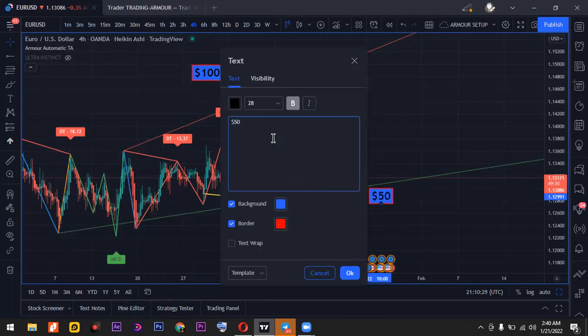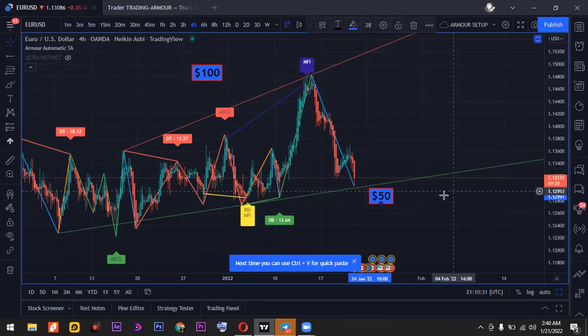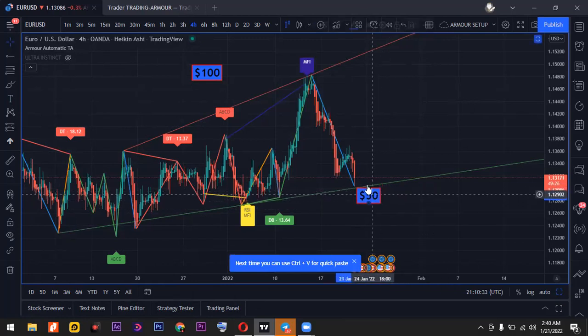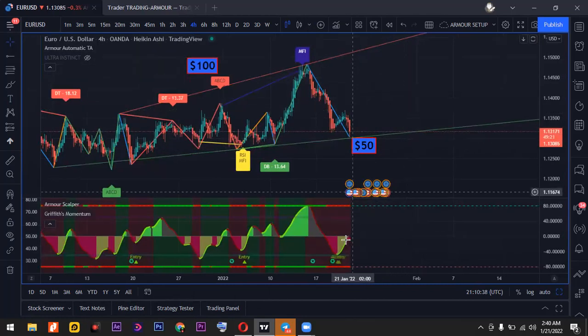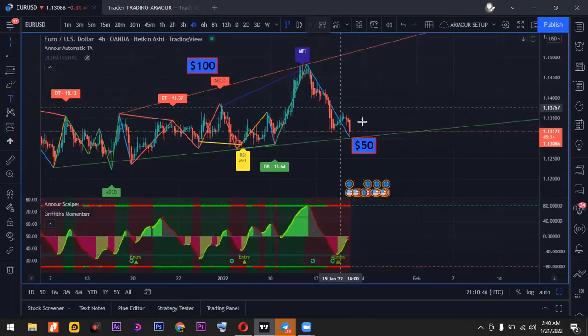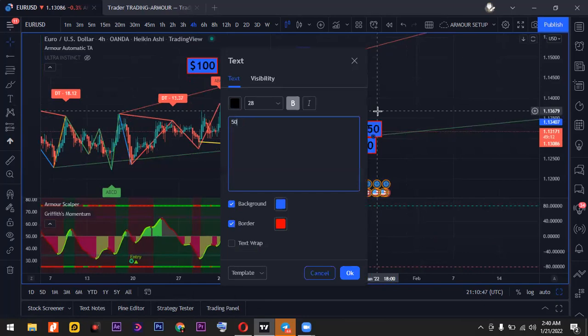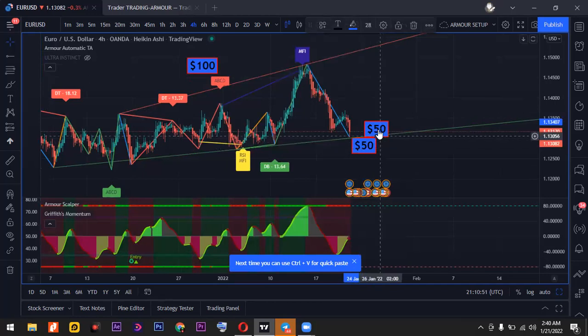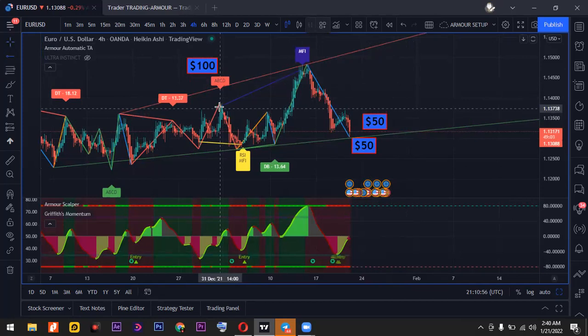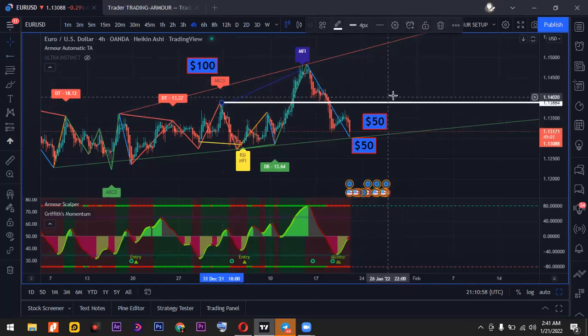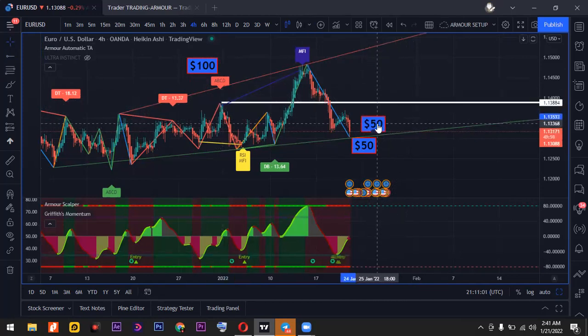If it goes up and this wave turns green, a little bit higher, we add $50 more. Whenever it hits that support right here, we exit here. We count our pips and we exit.